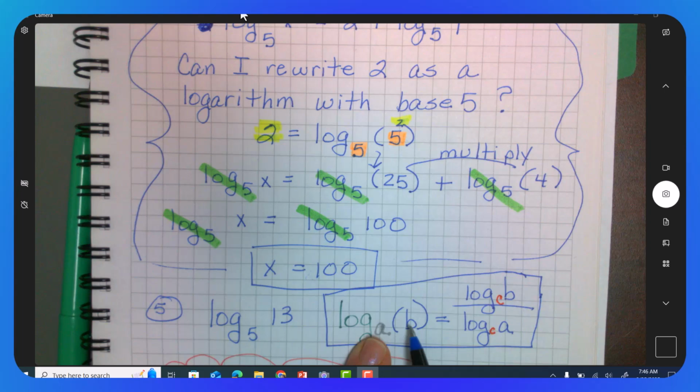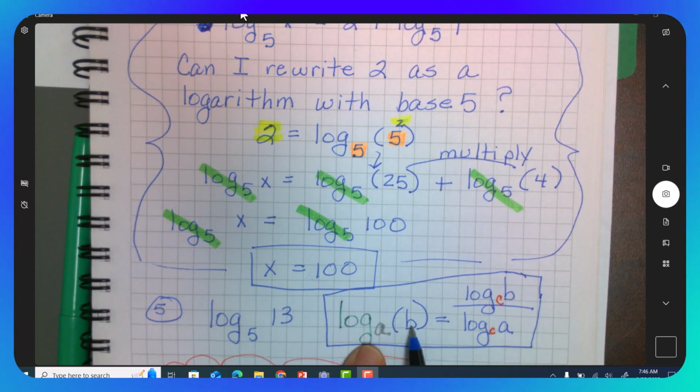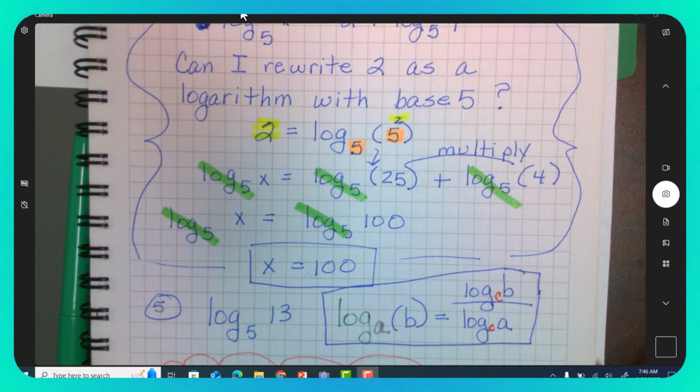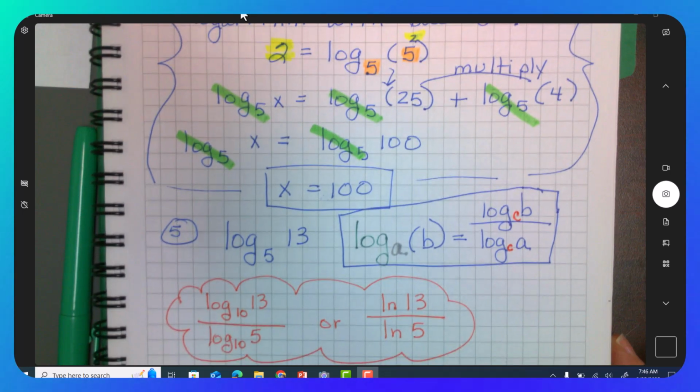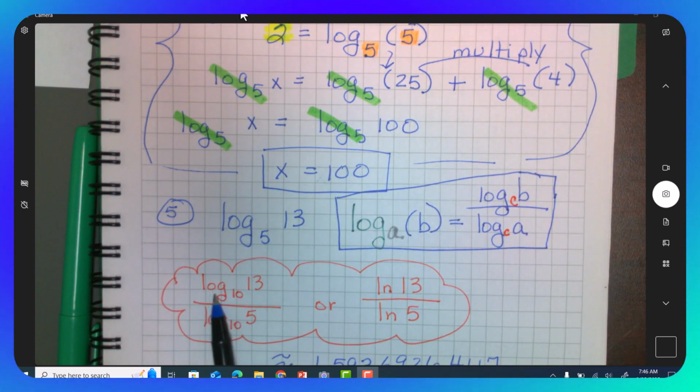So log B goes on the top, log A goes on the bottom, and then any base. I'm going to choose the common logs, log base 10, which we can just write as log 13 over log 5.